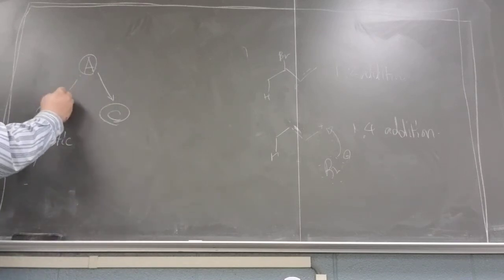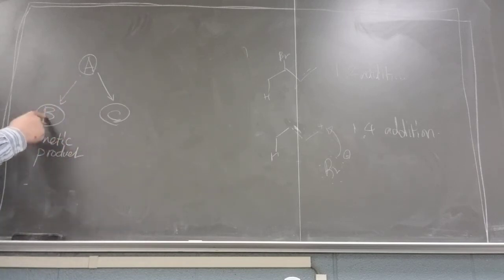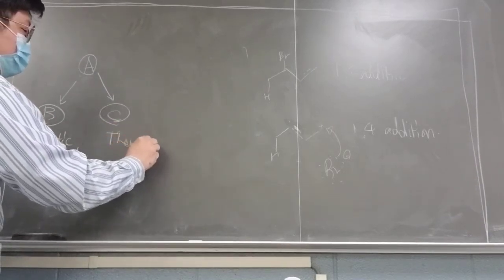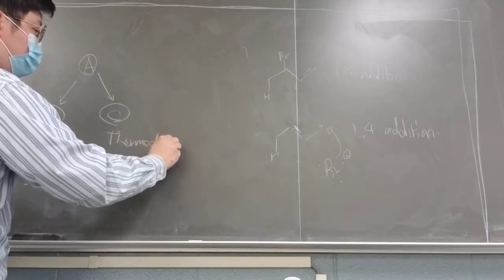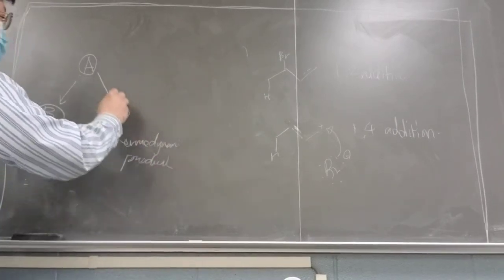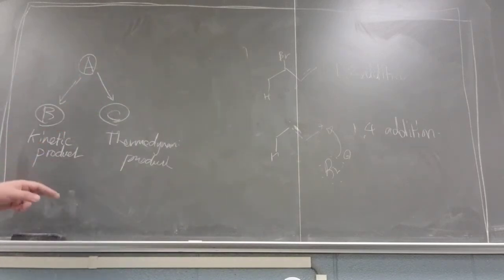So this is kinetic control, kinetic products. So you get the kinetic product by kinetic control, and you're gonna have the thermodynamic product over here because of the thermodynamic control over here. Okay? So A to B, A to C over here.